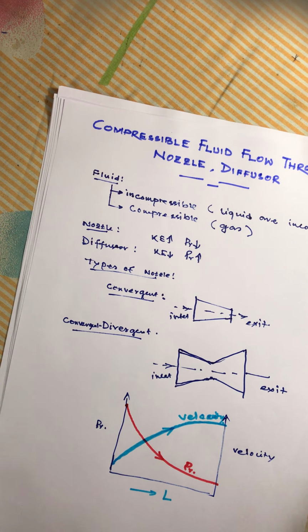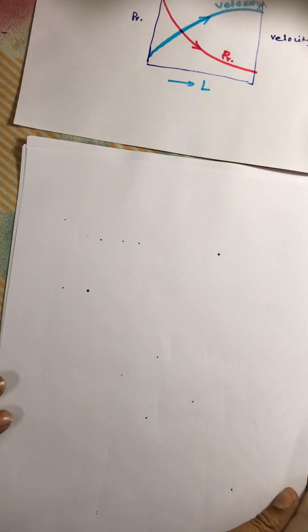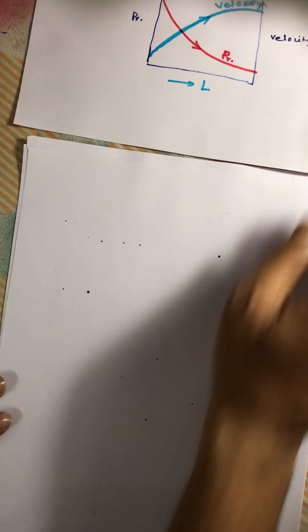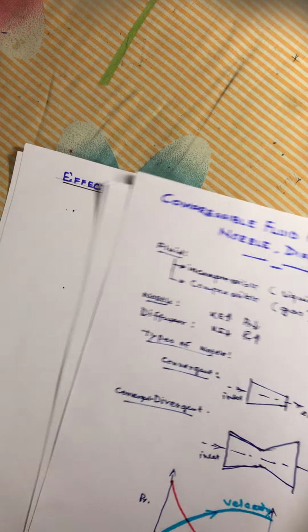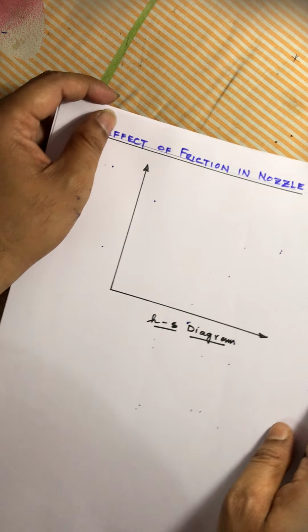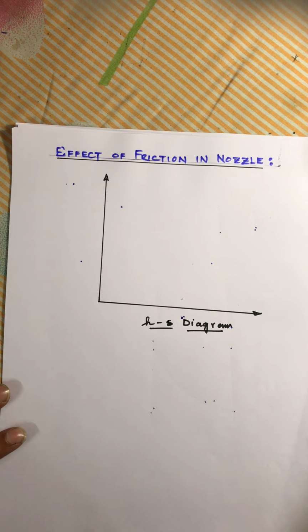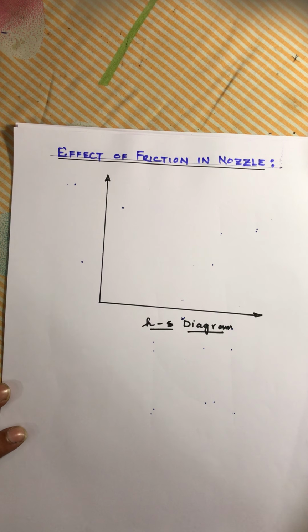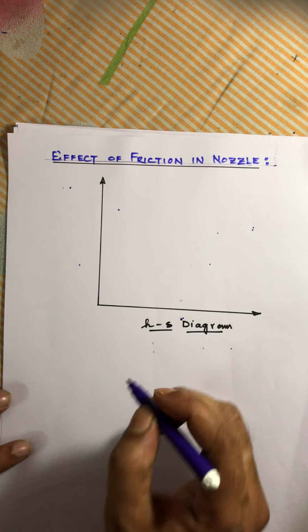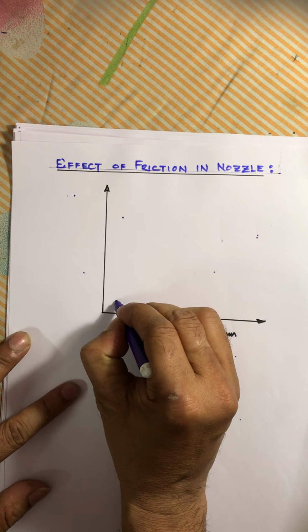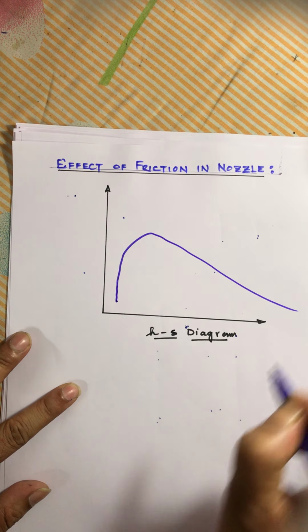Now, next we will discuss the effect of friction in nozzle. To understand the effect of friction in nozzle, we have to draw the HS diagram. As we know, the HS diagram is just like that.